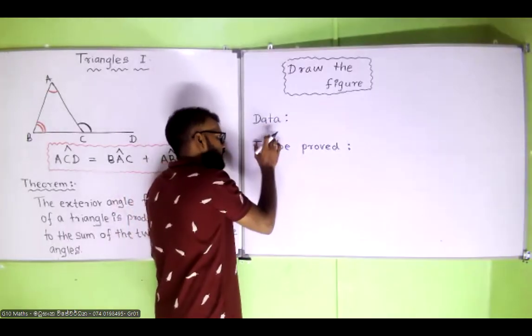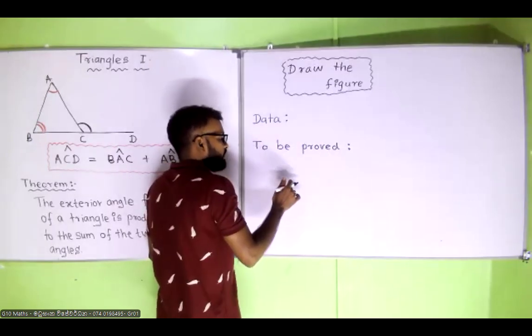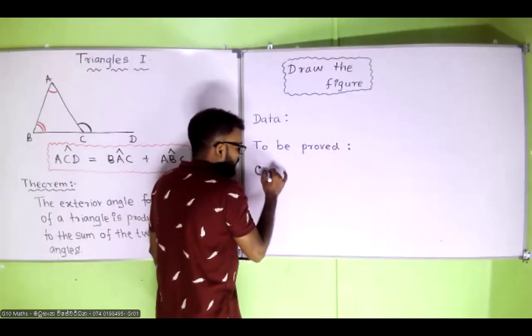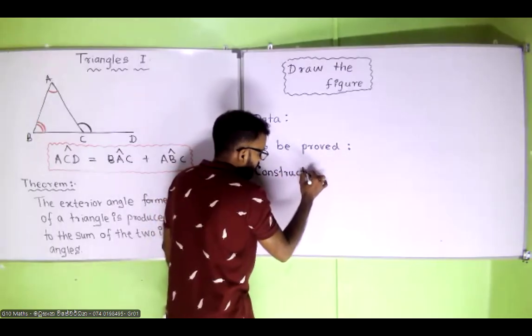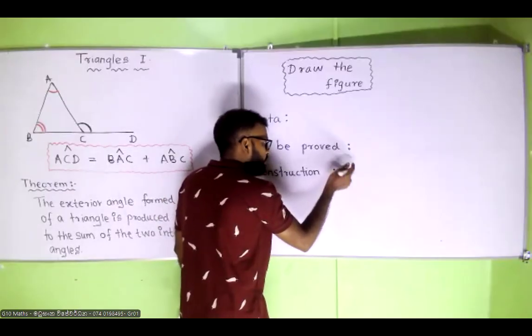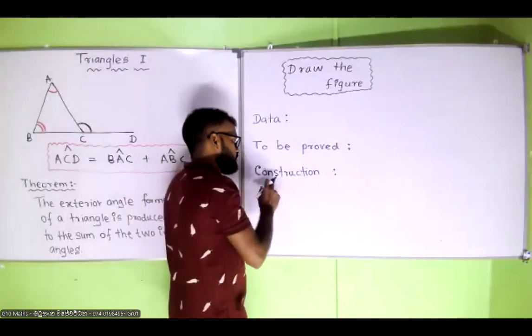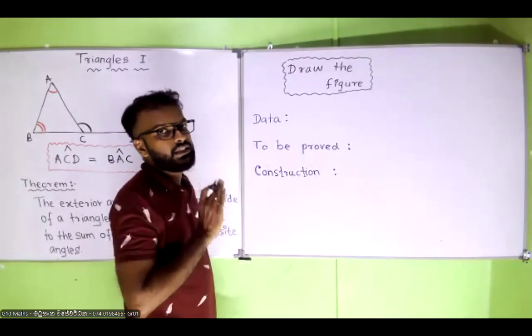So here we have data, here we have what is to be proved, and to prove this, sometimes this construction will be a help. By means of this construction, we can do this proof very easily.